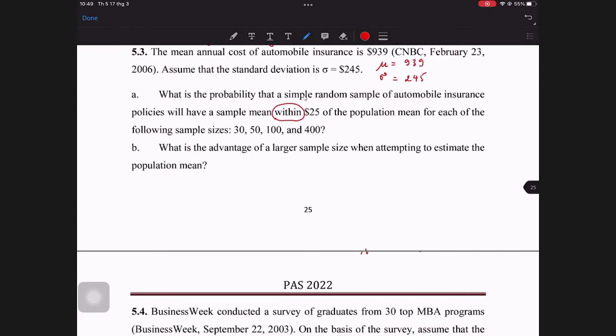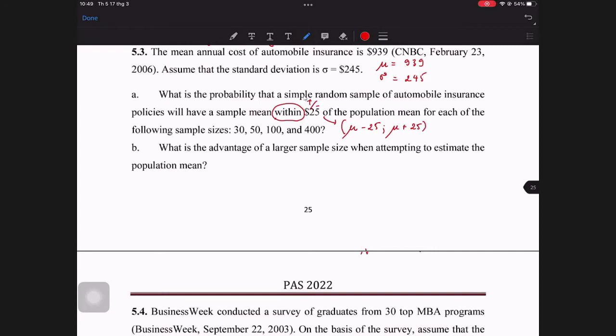All right, so just be careful with the word within here. Whenever you see the words within $25 of the population mean, it means we take the population mean minus 25 and the population mean plus 25. So within 25 here means that we have to add and subtract 25 from the population mean.